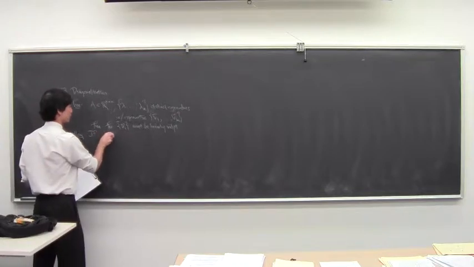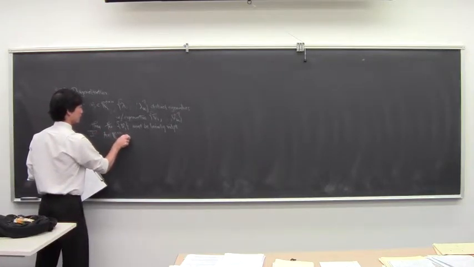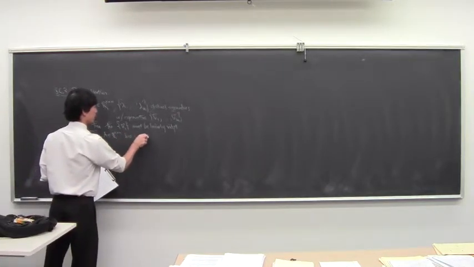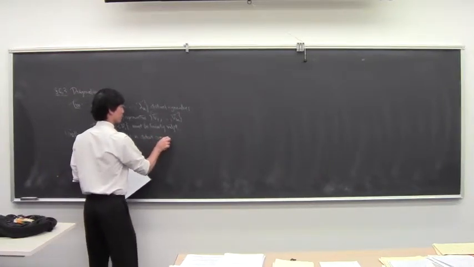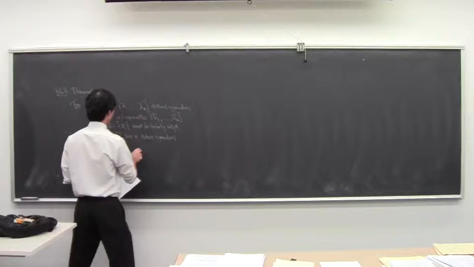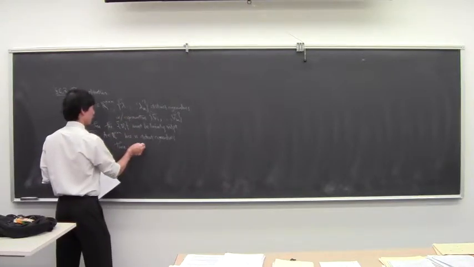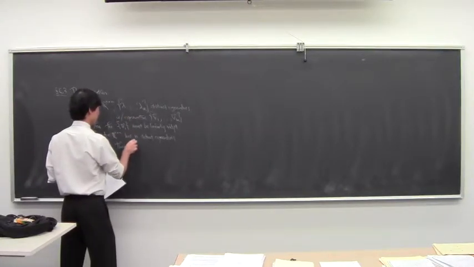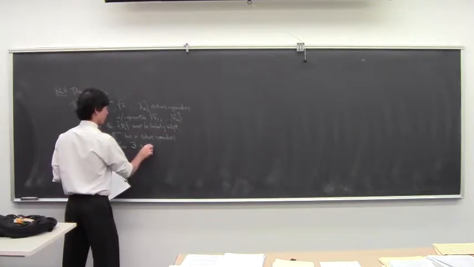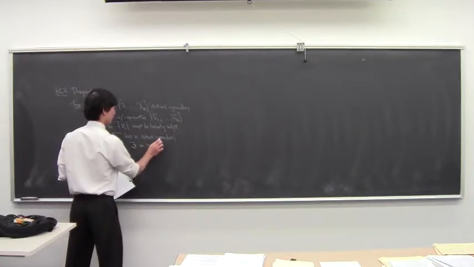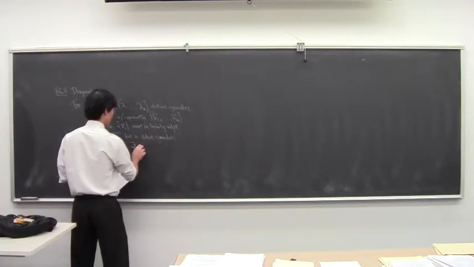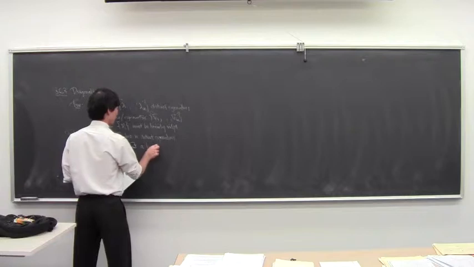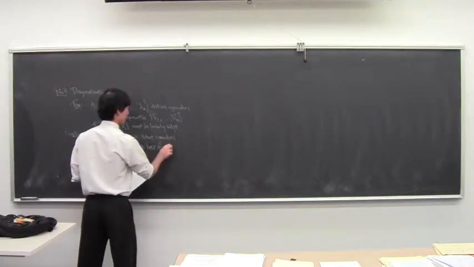Okay. Now, that of course implies, right, if A has n distinct eigenvalues, then there exists a basis of eigenvectors.